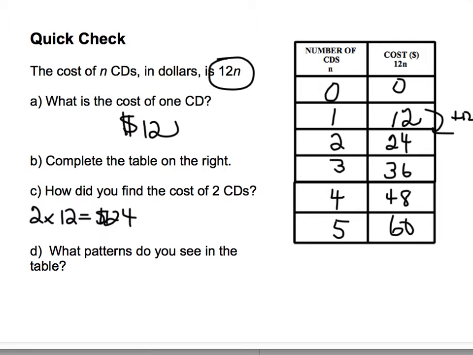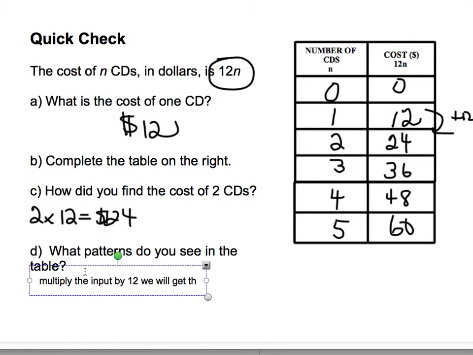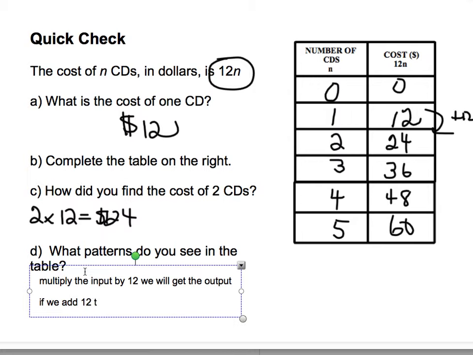So what patterns do you see in the table? Well, remember, we can talk about input-output patterns, or we can talk about output-output patterns. Let's talk about the input-output. If we multiply the input by 12, we will get the output. And if we add 12 to an output, then we will get the next output.